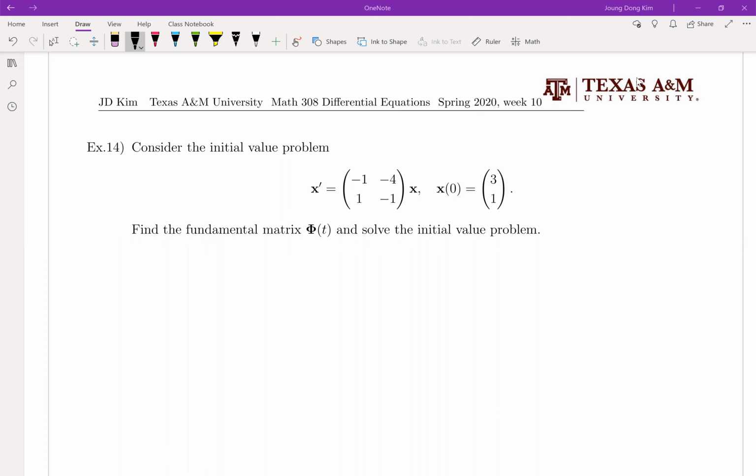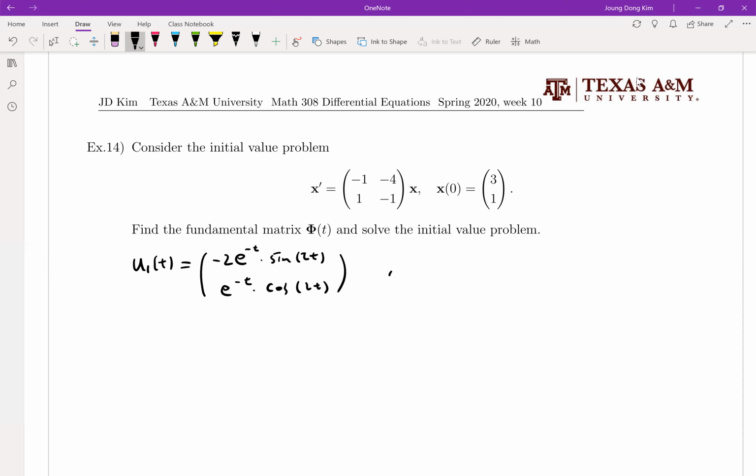Then we get two fundamental solutions. u1 is minus 2 e to the minus t sine 2t, and e to the minus t cosine 2t.